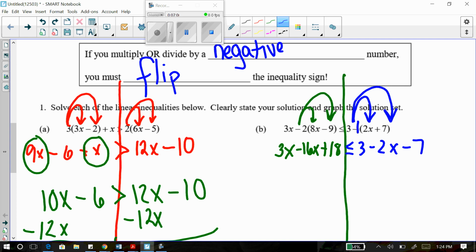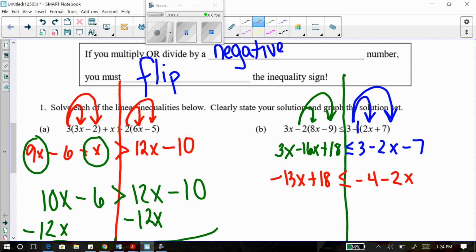Now let's combine all of our like terms. 3x minus 16x is -13x. Plus 18 is less than or equal to 3 minus 7, which is -4, minus 2x. Now again, when you solve inequalities, I always want you guys to get the x on the left side.